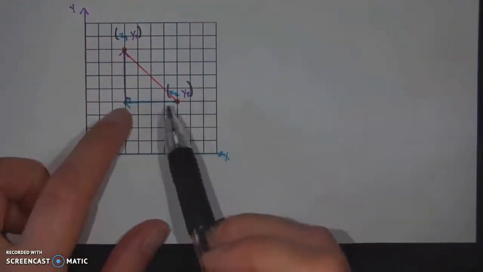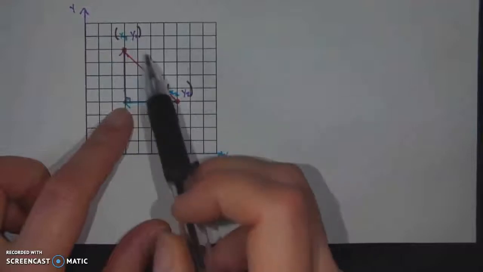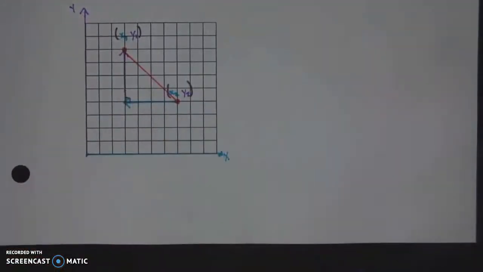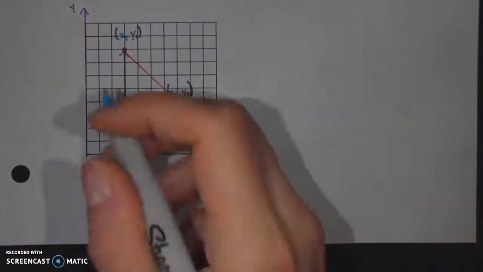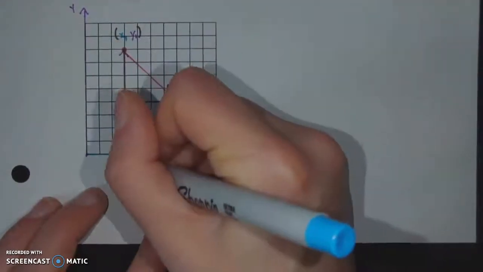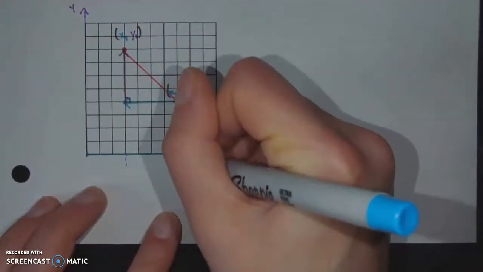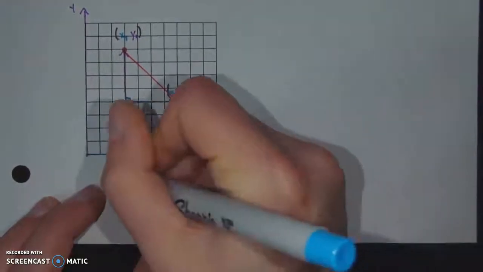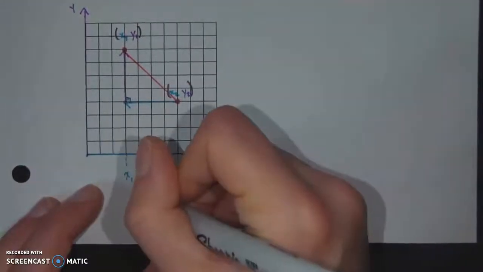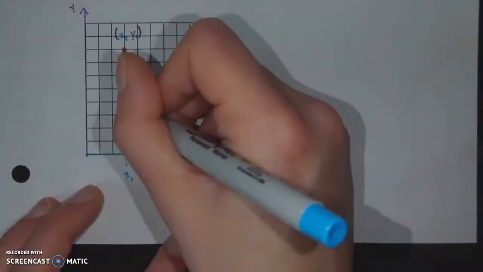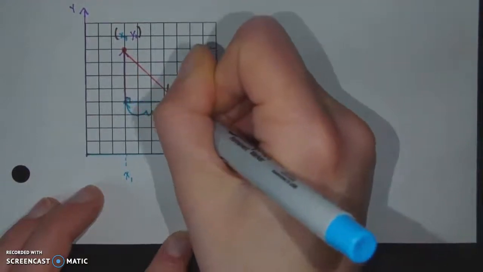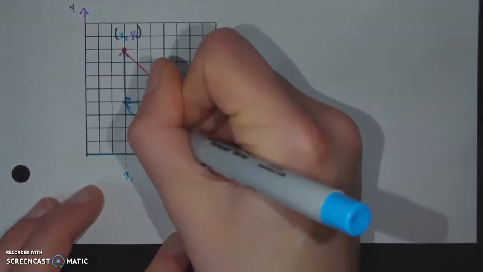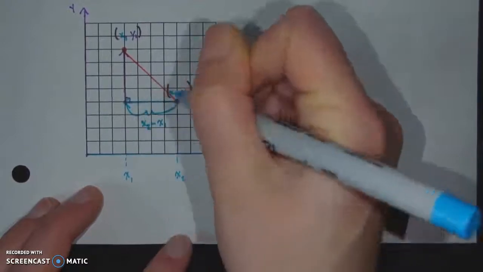And since we're talking about x here, I'm saying what is the difference between x2 and x1? And I can find that difference by just saying, well, what is x2 minus x1? And so I'm going to mark that distance in as that expression, x2 minus x1.